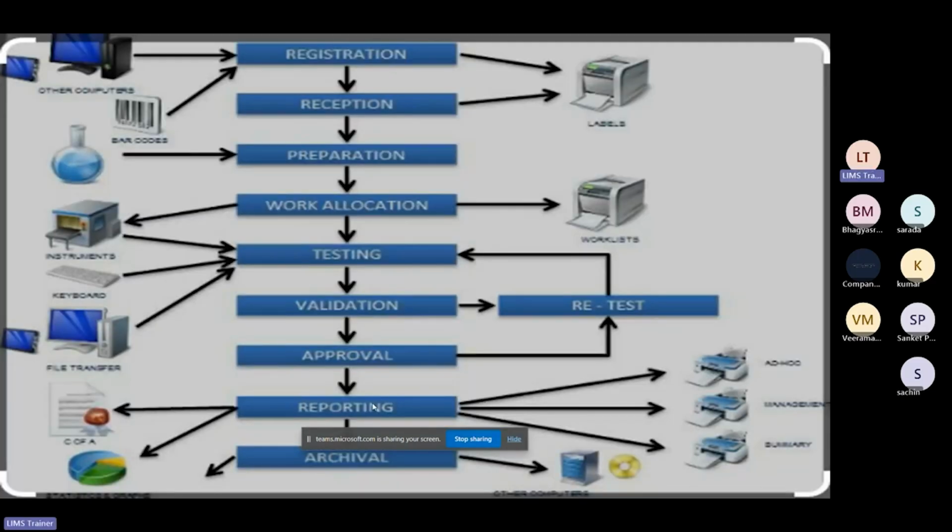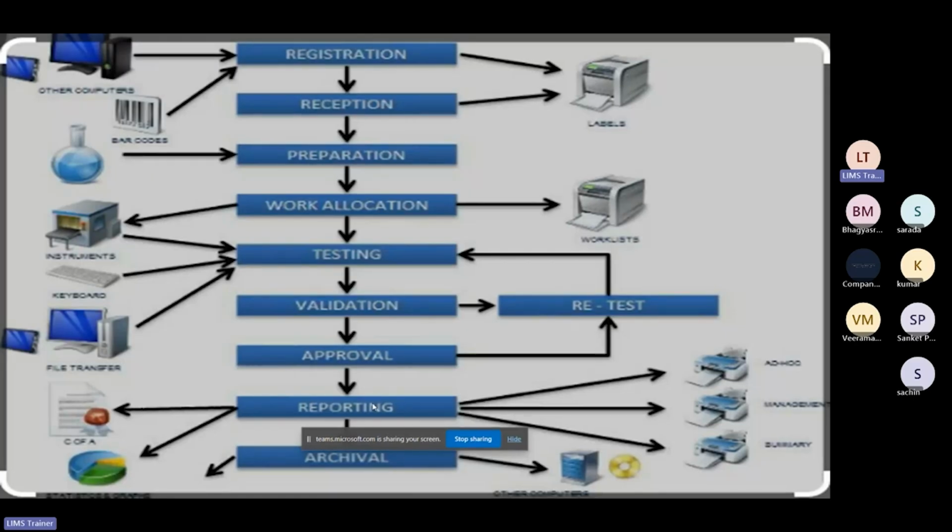Then this is the workflow. Starting from sample registration, then reception, then sample preparation, then the work will be allocated to a particular analyst or whoever is in charge of that analysis. Then the testing will happen.